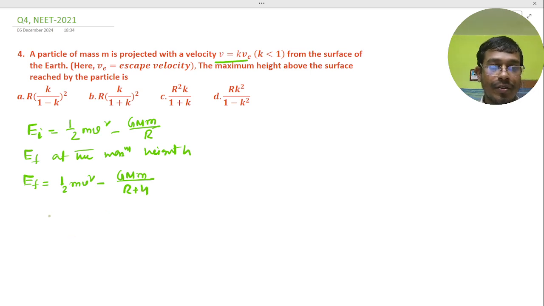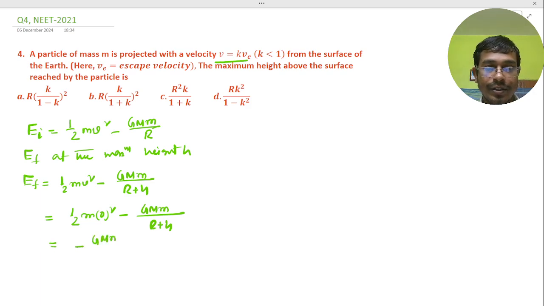The velocity there is 0, so half m 0 whole square minus GMm by r plus h.